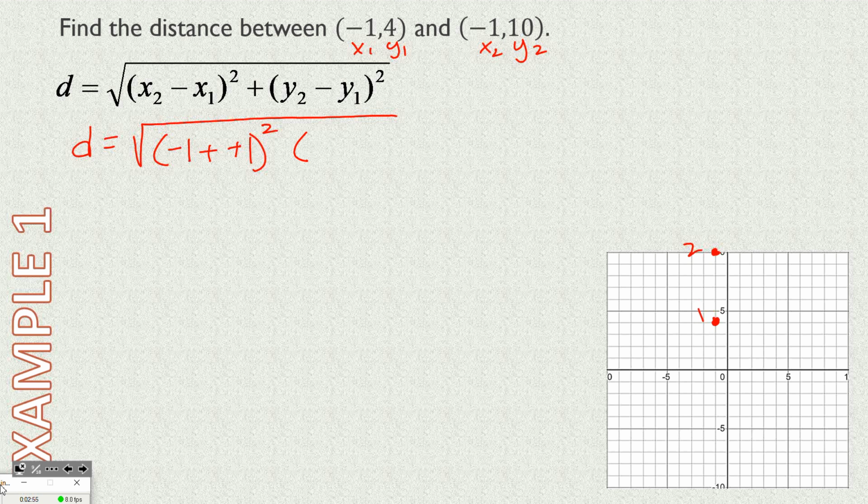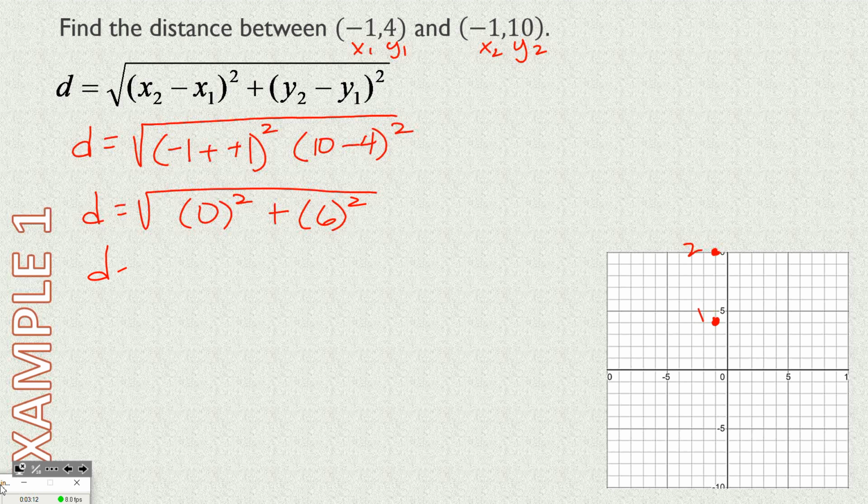And then y2 is going to be 10 minus y1, which is 4 squared. So let me simplify some of this stuff. So -1 plus 1 is really 0. And then 10 minus 4 is 6. So my distance is going to be 0 squared, which is 0, plus 6 squared is 36. 0 plus 36 is 36.